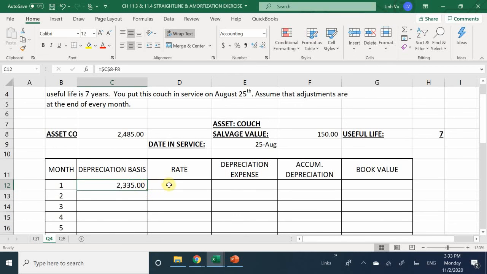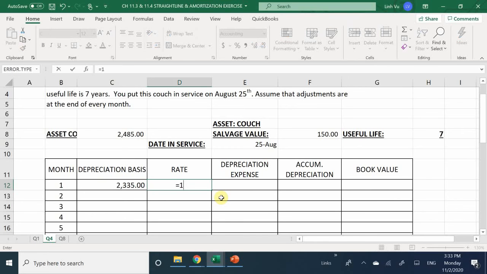So what is my rate going to be? 20%. Oh, I mean the 0.20.